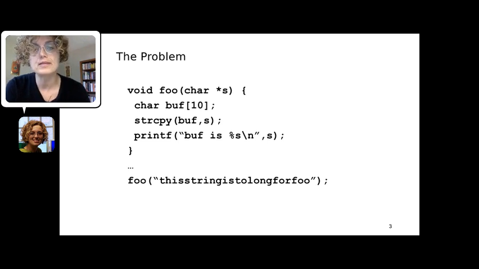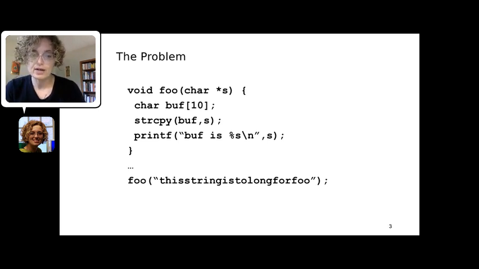The problem with C is that it has functions such as string copy, where you can copy an input to a buffer, and string copy does not check if that input, that parameter S, can fit in the buffer of 10 characters in this example.